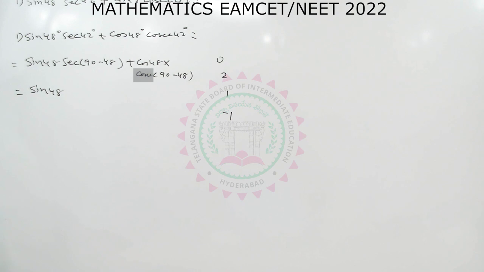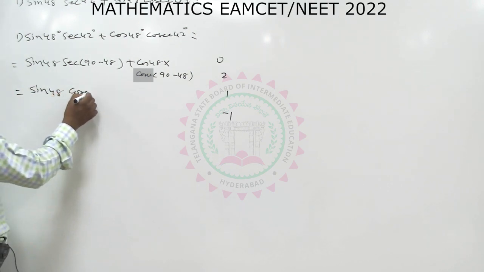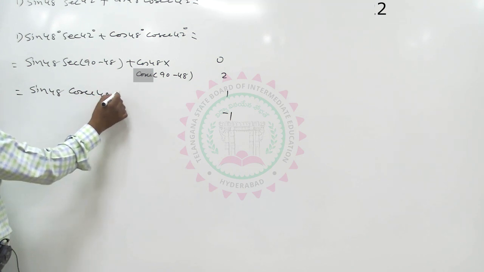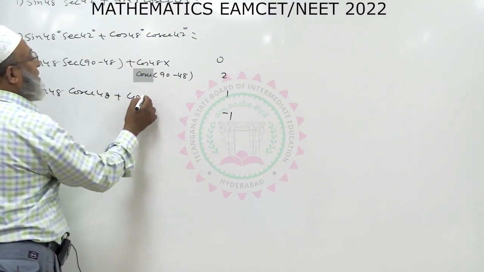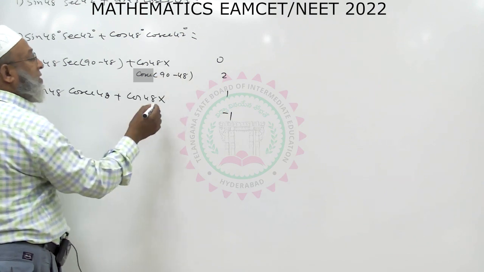Sec 90 minus theta, sec becomes cosec. That is cosec 48 plus cos 48 as it is into sec 90 minus theta.